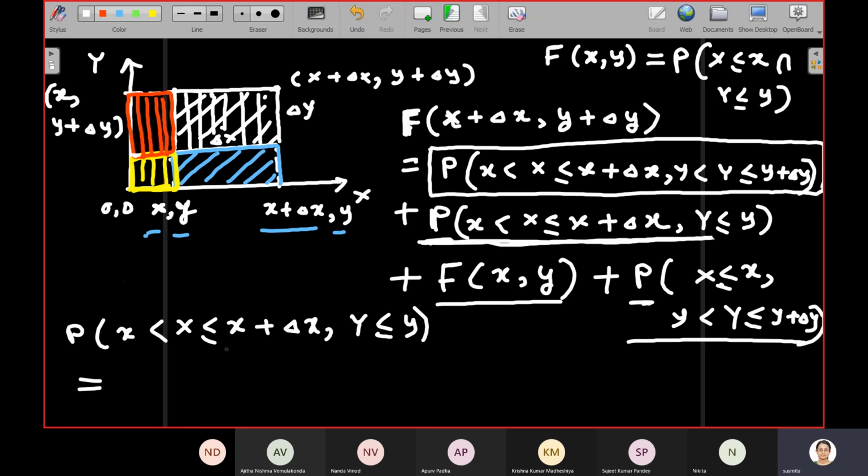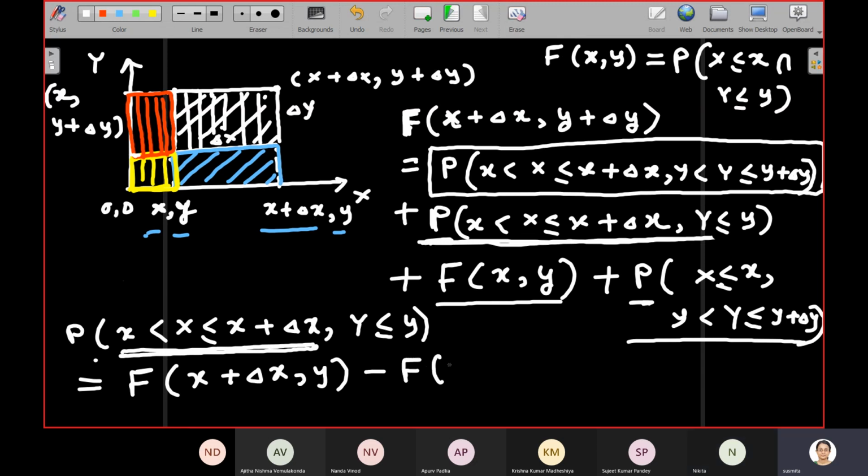Which two functions should we consider? The answer lies in this, because this is different. So we need to divide this into two F functions. Ma'am, F of x plus delta x comma y minus F of x, y. Yes.